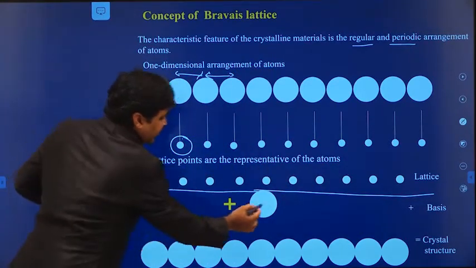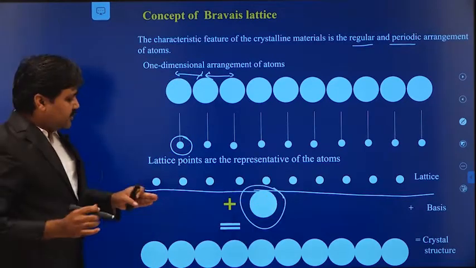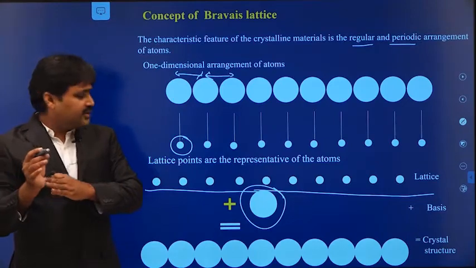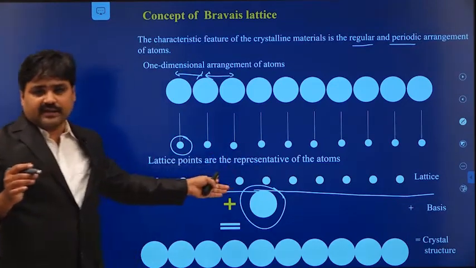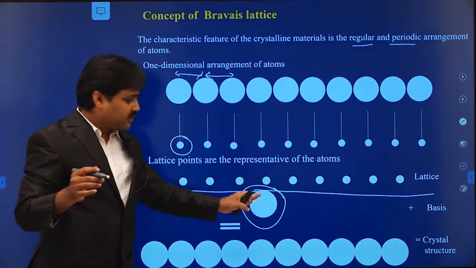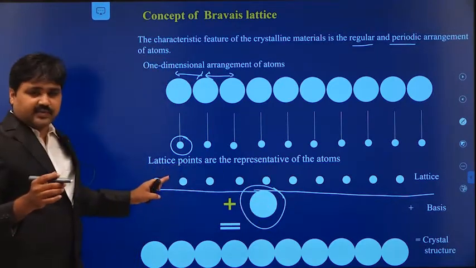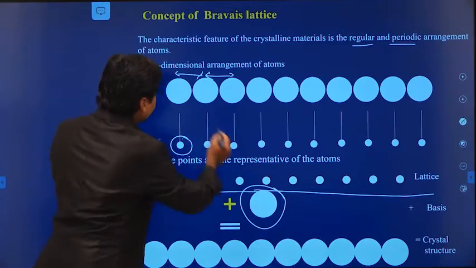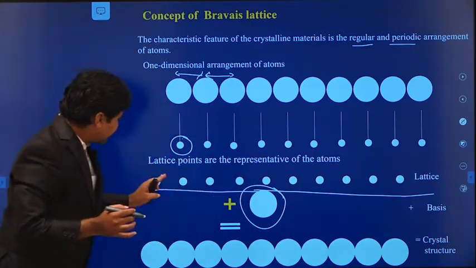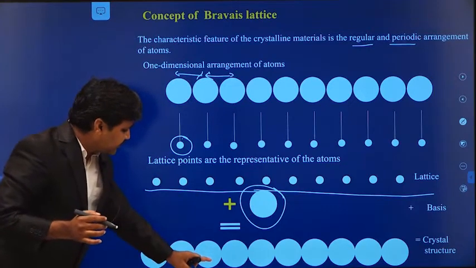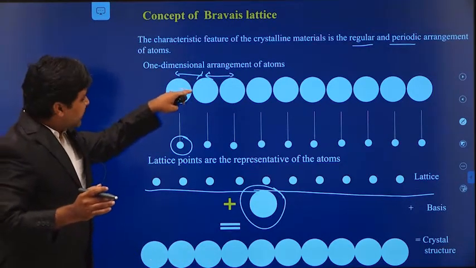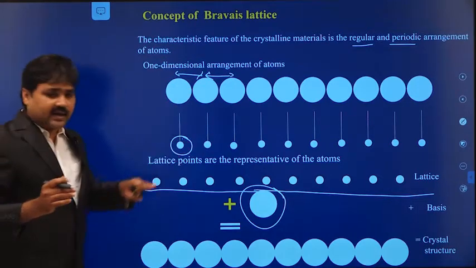If you attach an atom to each lattice point, that is the basis. The basis is what atom is going to constitute this lattice. It can be a molecule or an atom that is associated with each lattice point. If you replace each lattice point with this atom, you get the crystal structure. Where the atoms are located, we represent it with a lattice point.